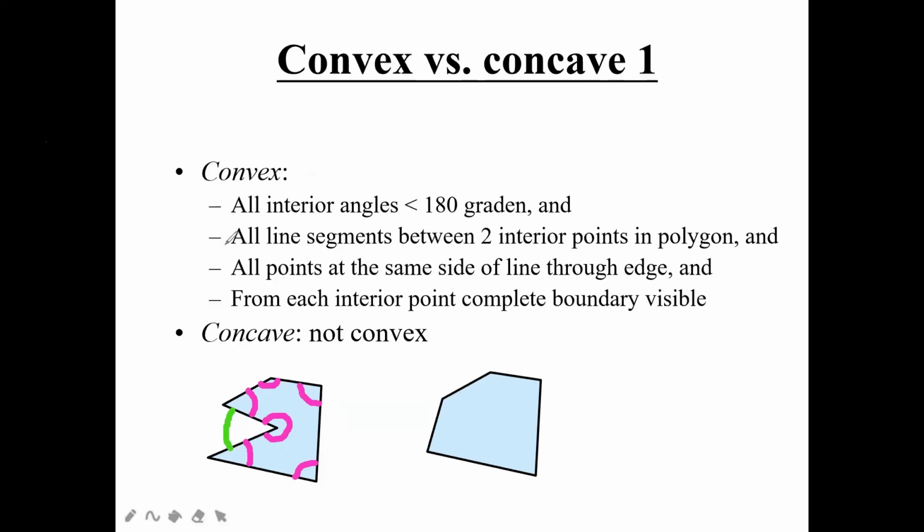There is one more point: all line segments between two interior points in the polygon. You can see all of these are line segments, because each has a start and stop point, a fixed vertex, so it is a line segment.